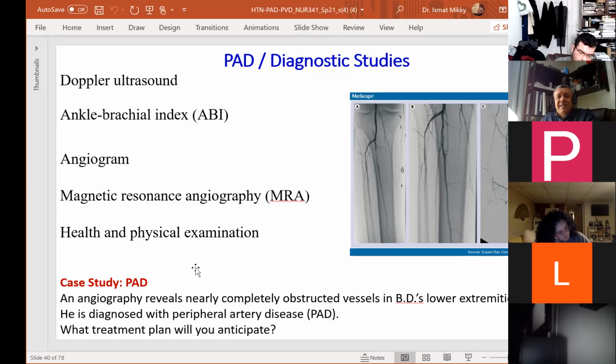We can classify it as CLI. In addition, another manifestation would be a non-healing arterial ulcer or gangrene. And that risk goes even higher if the patient has a history of stroke, diabetes, or heart failure.